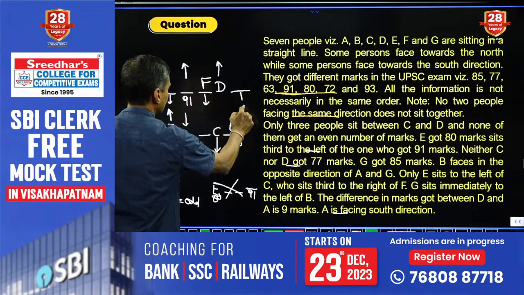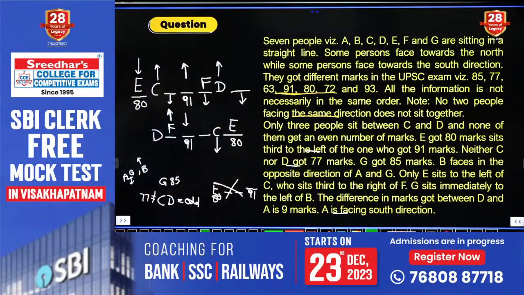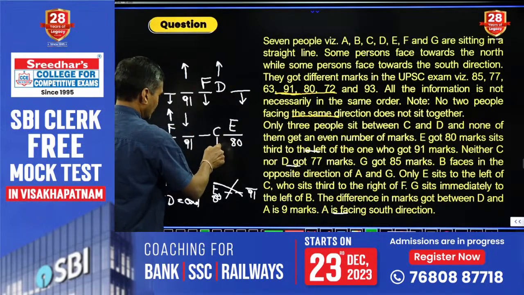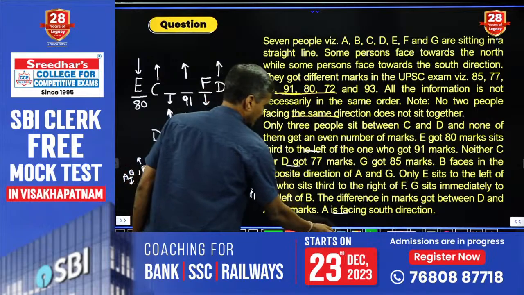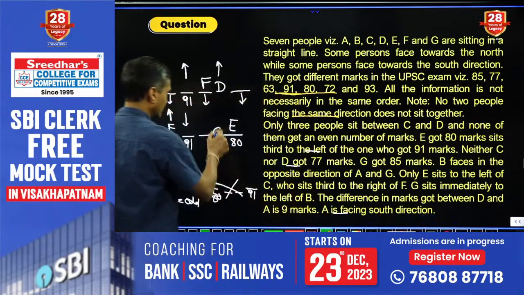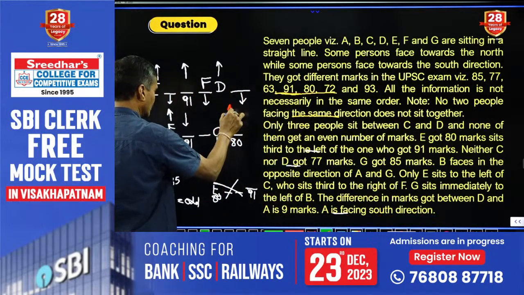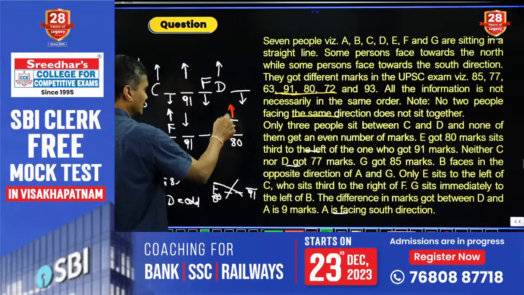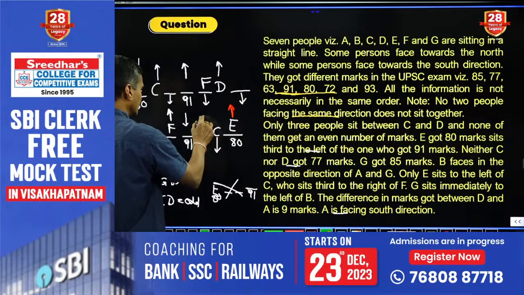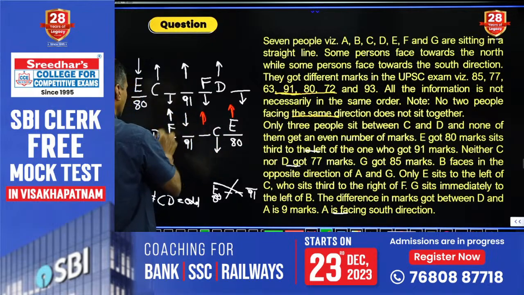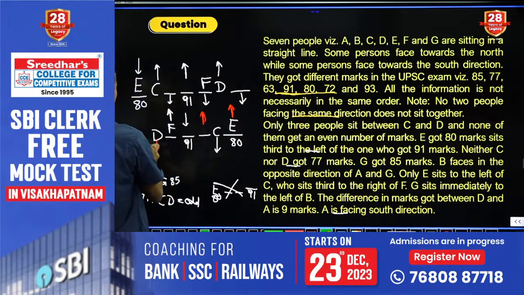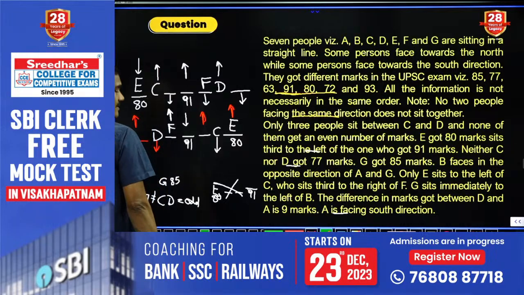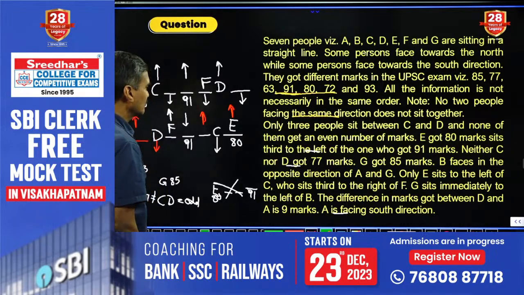One more person, this person must be towards south. Now this person is facing towards which direction? This person is facing towards south, so this one must be north. North, south, north, south, north, south, and north. Clear? There is one more person here. Then these are the 2 possibilities we have.